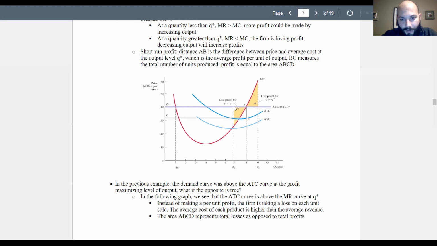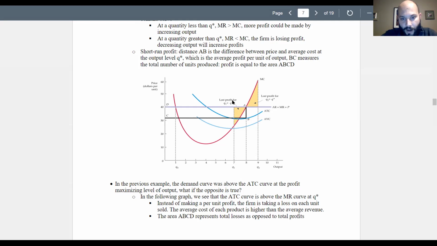And how much does it cost? Ignoring fixed cost, it's above average variable cost, but it's even above average total cost, which means that the next unit, if we're producing 7, the revenue we get from the unit exceeds the cost of that unit. So we're leaving some profit on the table.